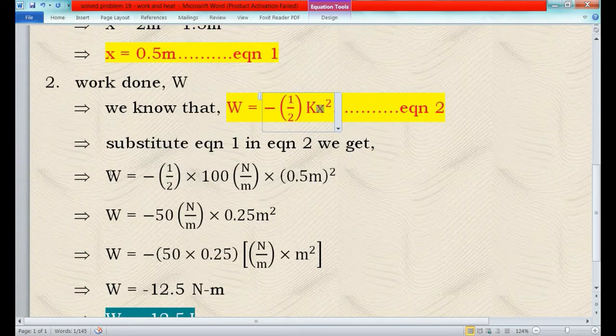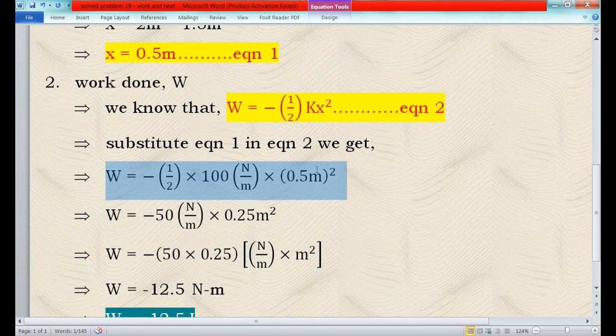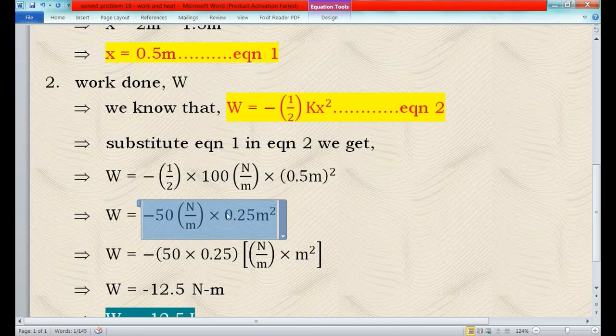We get W is equal to minus of half into 100 Newton per meter into 0.5 meter whole square. So here minus half into 100 Newton per meter is minus 50 Newton per meter, and 0.5 meter whole square is 0.25 meter square. So in this RHS, I'm going to split the numerical terms and SI units.